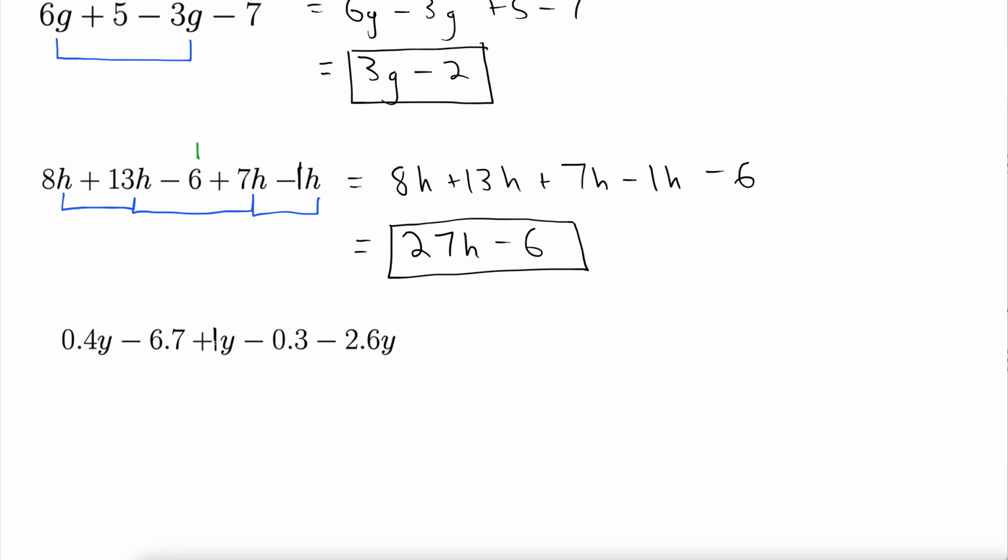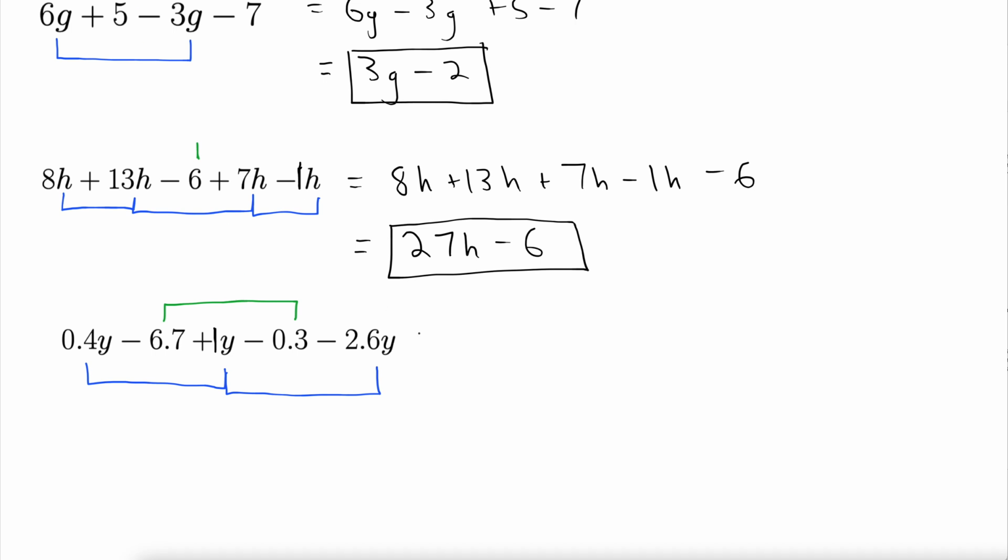I'm going to sneak in this 1 right here in front of this y. And let's combine like terms. So all the terms with y in them get grouped together, and the ones without y in them get grouped together. These constants with no y's in them.